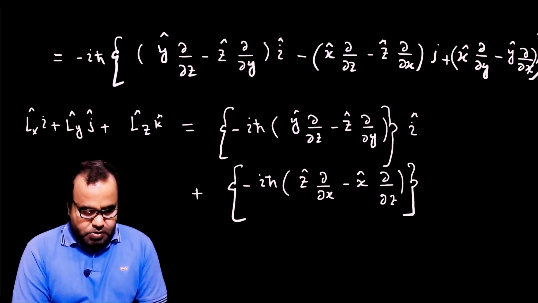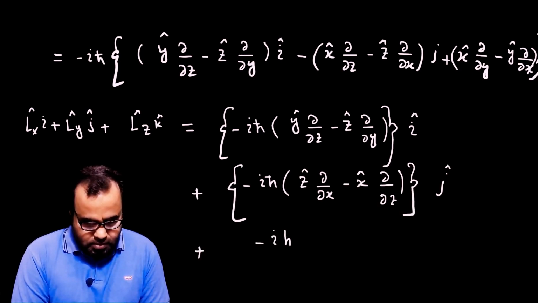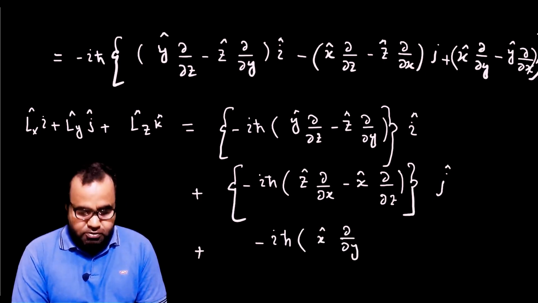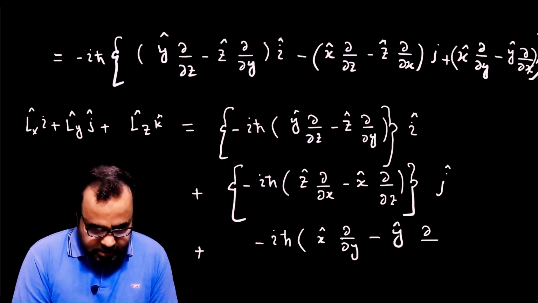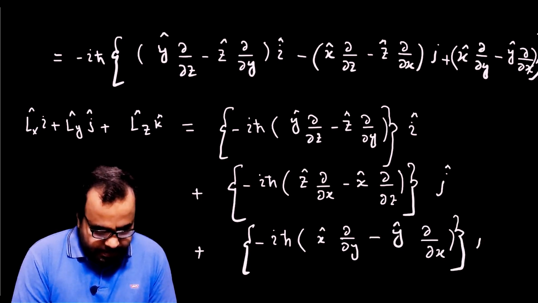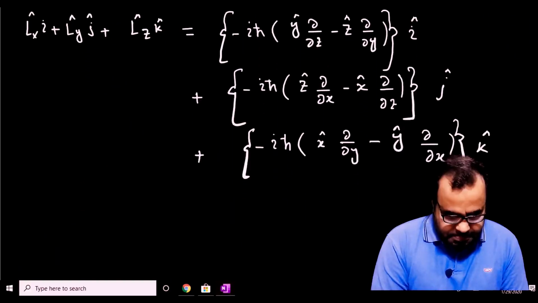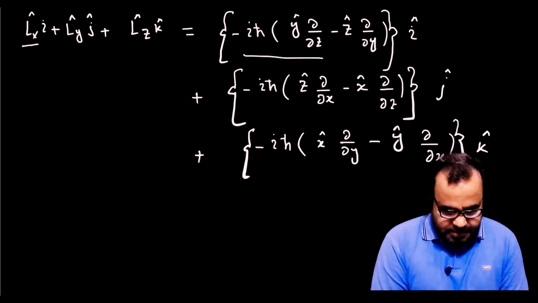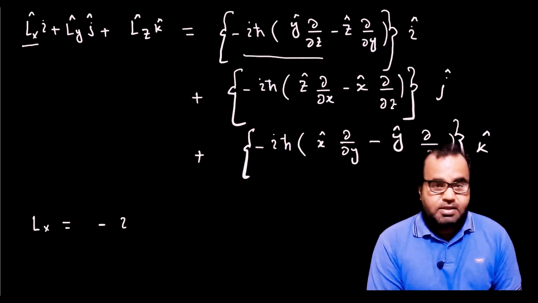Plus minus iota h cut, z partial over partial x minus x partial over partial z, and close the square brackets, and it is j. Plus minus iota h cut, x partial over partial y minus y partial over partial x, and then we write the k unit vector.